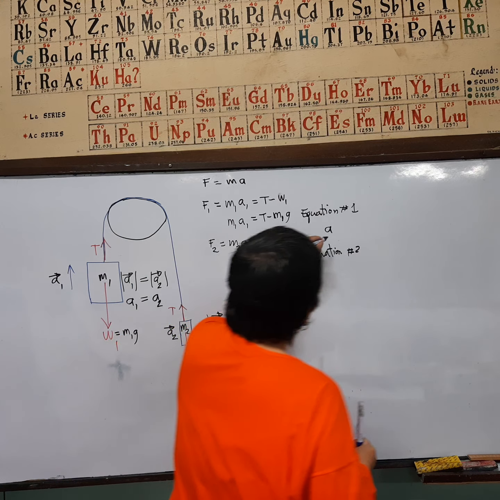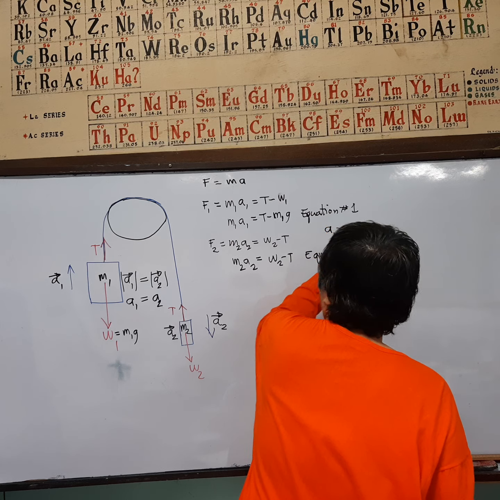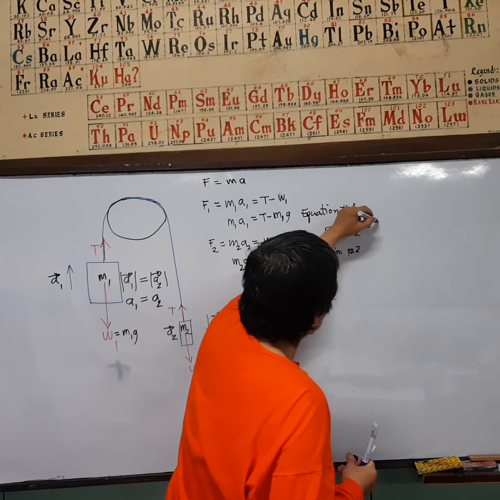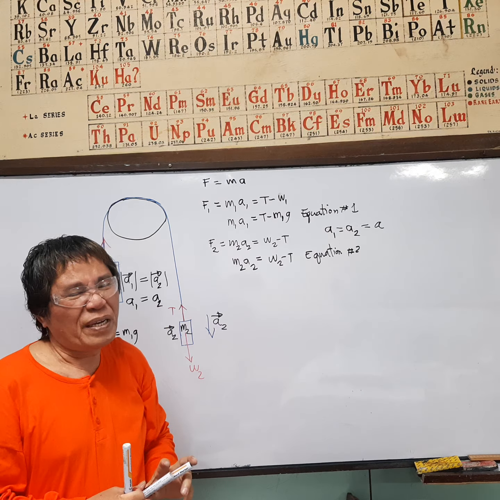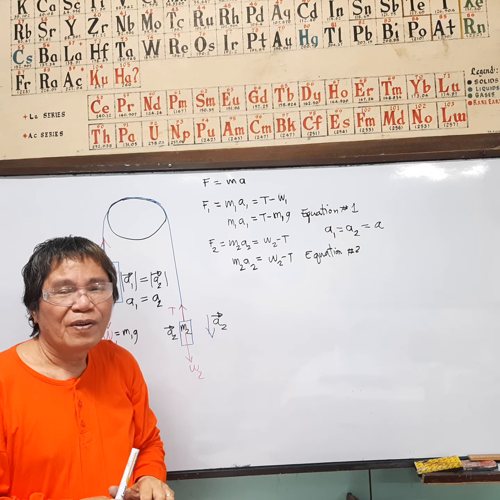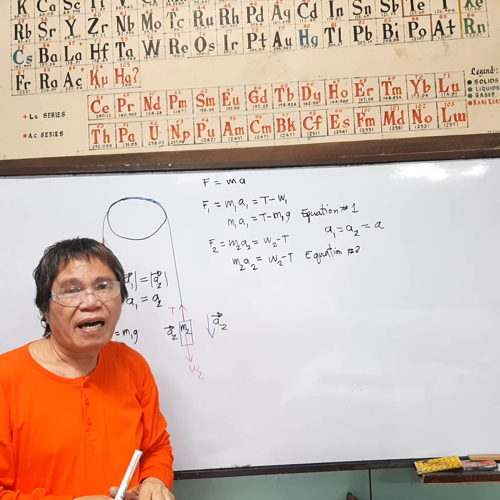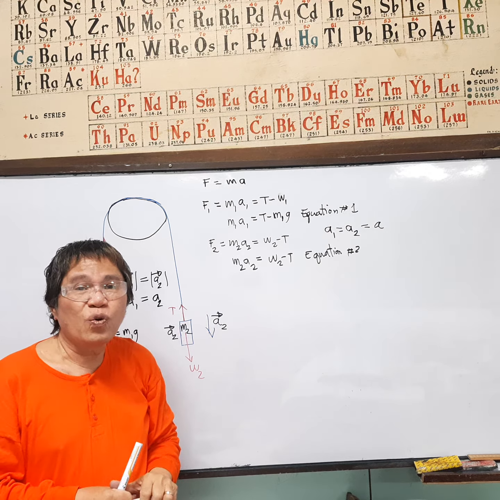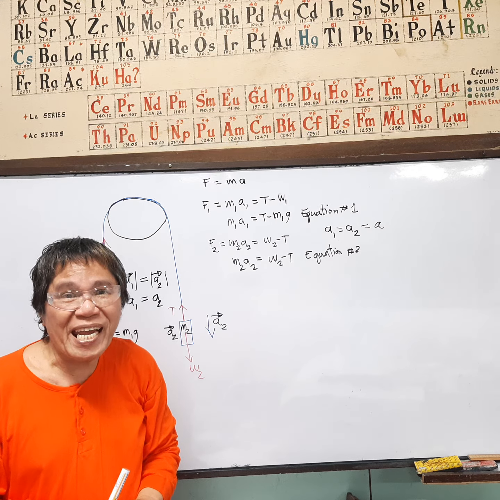So A1 equals A2, and therefore we can just designate that as simply A, because they are equal. So let us just call that A. Body 1 has acceleration A1 equals A. Body 2 has acceleration A2 equals A.